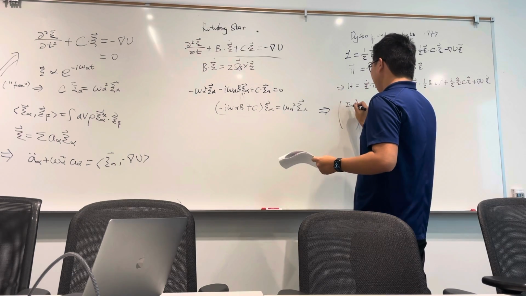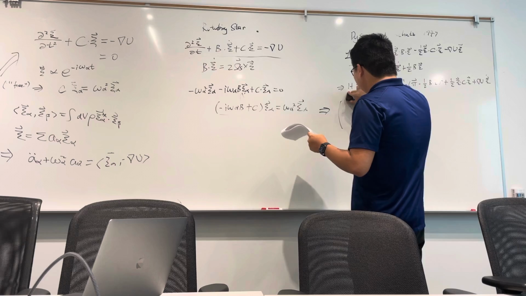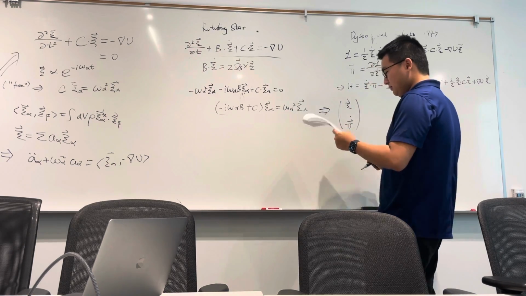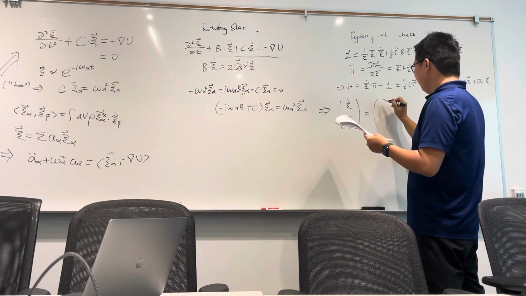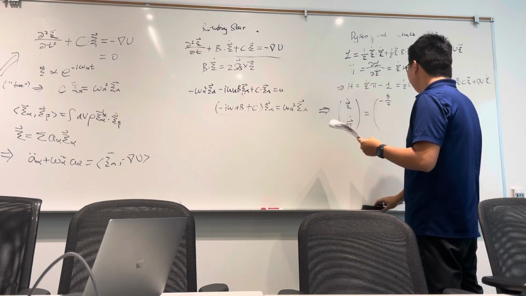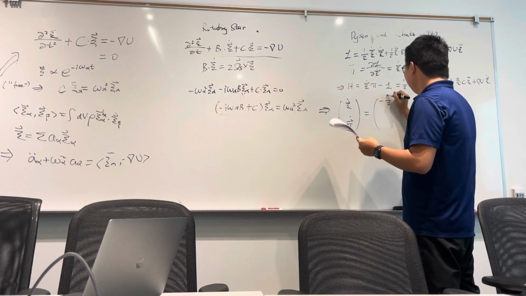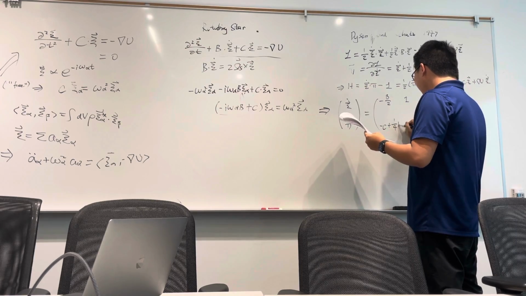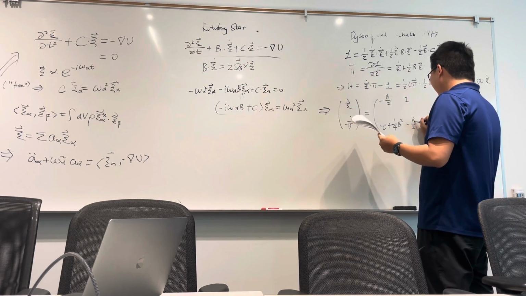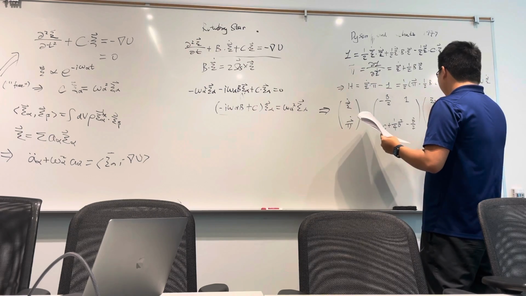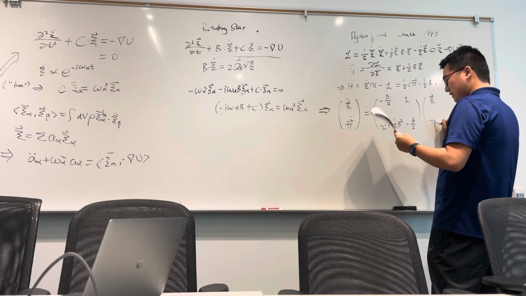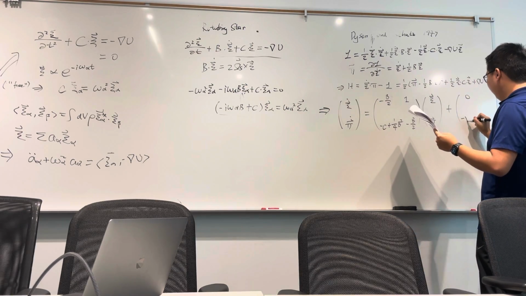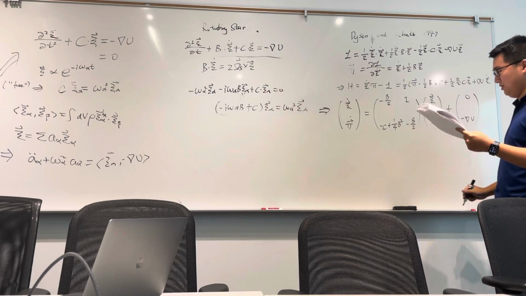Because basically you have variables, the time derivative of the configuration and the time derivative of the canonical momentum equals a matrix that is 1/2 b, minus c plus 1/4 b squared, minus 1/2 b, acting on the configuration and the momentum, plus a source term, which is the tidal potential.